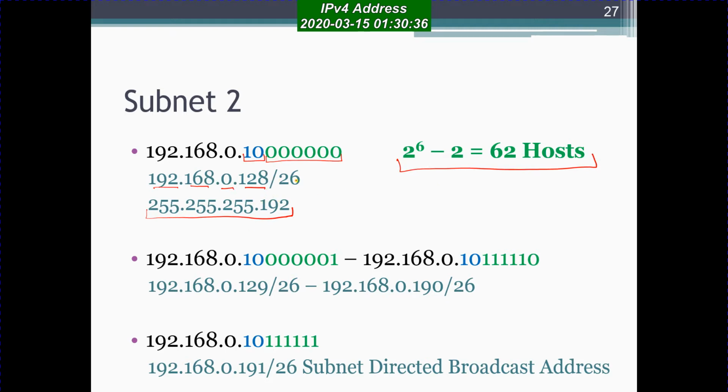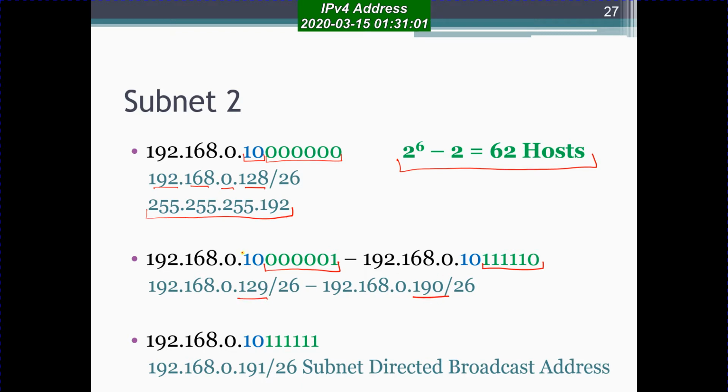Now let's find the range of IP addresses for subnet 2. So this is our minimum value in the host address field. This is the maximum value we can have in the host address field. When we convert this back to decimal, this is what we have: 129 and 190.